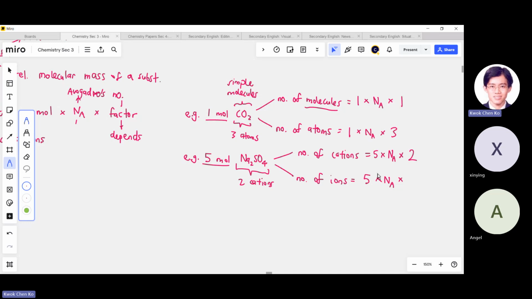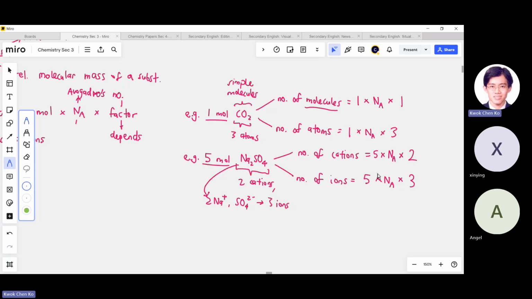How many ions are there in 1 unit? Okay, let's break this down. If you dissolve this in water, you will get 2 Na+ and 1 SO4 2-. So altogether there are 3 ions, and therefore my factor is 3.